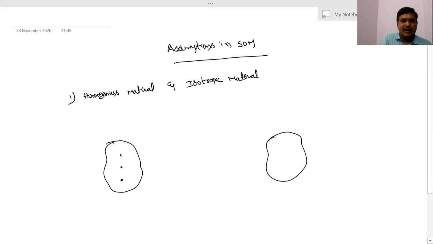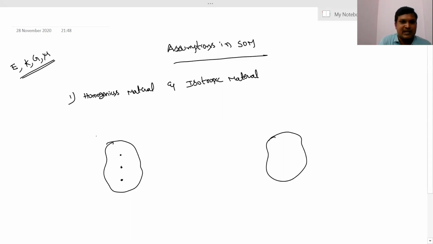Every material has some material properties like Young's modulus E, bulk modulus K, shear modulus G, and Poisson's ratio mu.